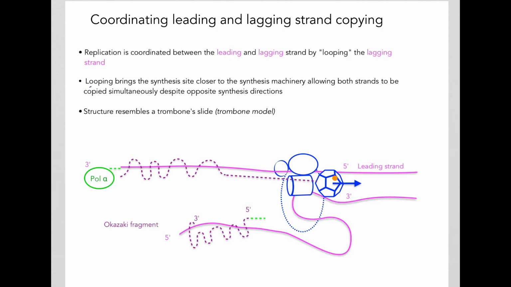This looping will bring the synthesis site closer to the replisome, the synthesis machinery, and this will allow both strands to be copied simultaneously despite opposite synthesis directions. Since this structure resembles a trombone slide, this form of replication is sometimes called the trombone model of replication.